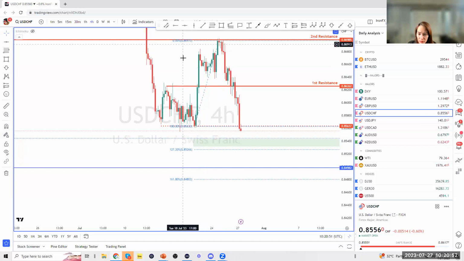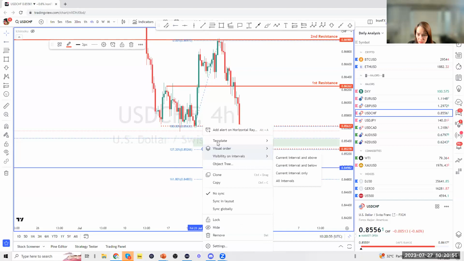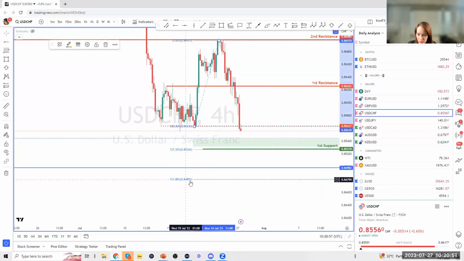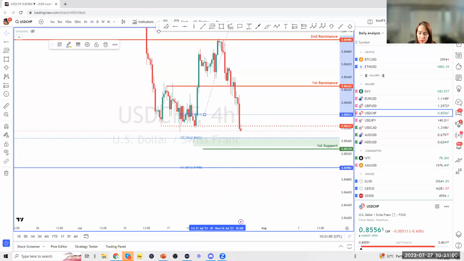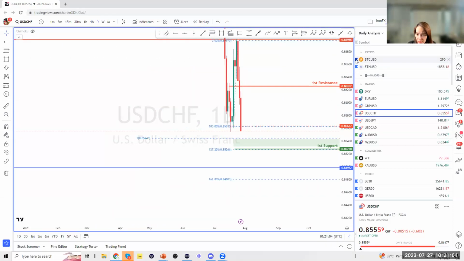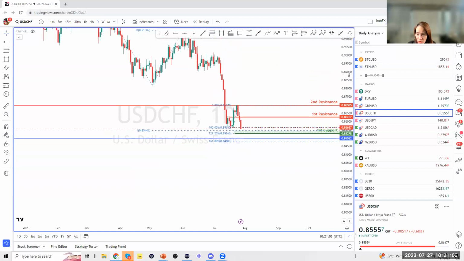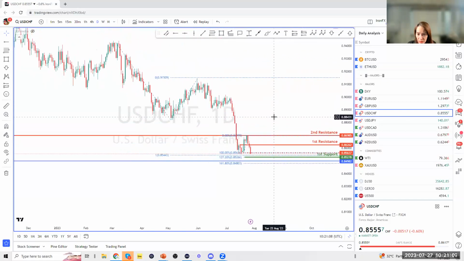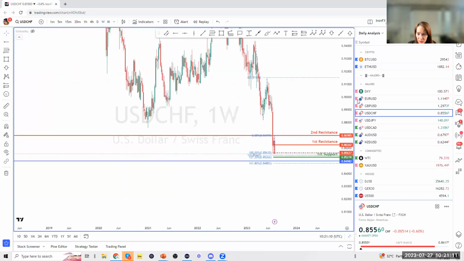Okay, and then I put this as my first support. We need to see the price close today for the daily time frame because you can see that there is very strong bearish momentum in the daily time frame.